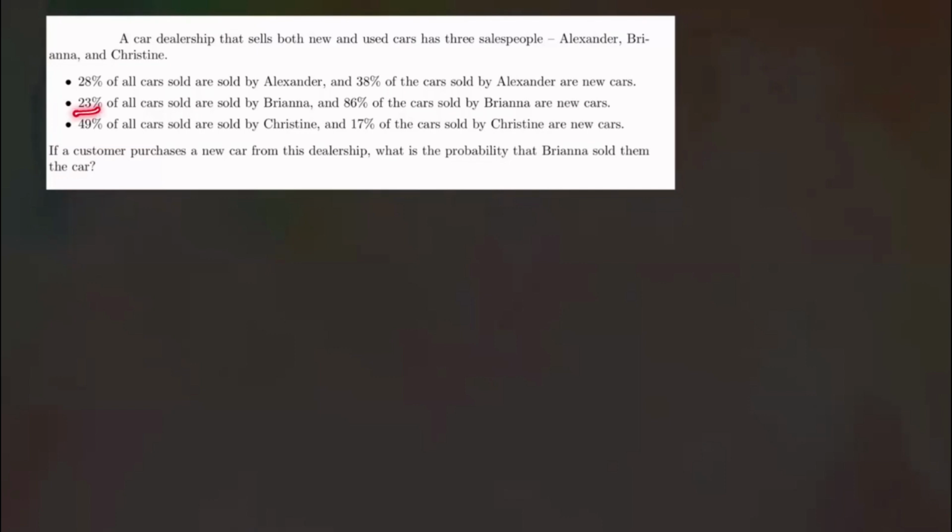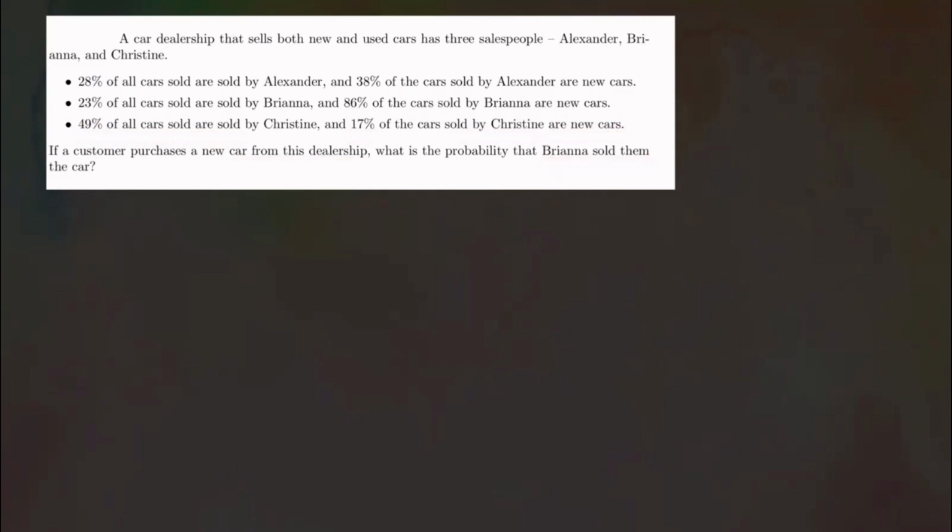Then we have 23% sold by Brianna, 86% of those sold by Brianna are new, and 49% are sold by Christine, and 17% of the cars sold by Christine are new. If a customer purchased a new car from this dealership, what is the probability that Brianna sold them the car?